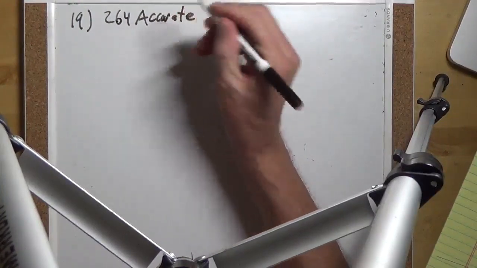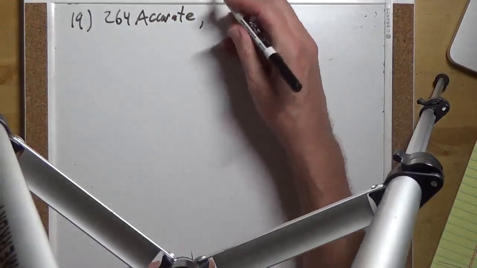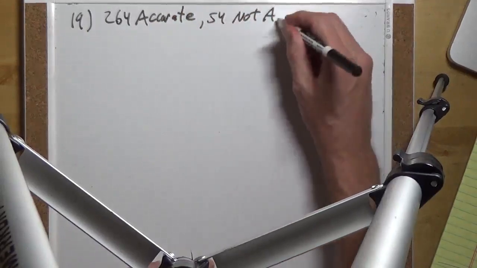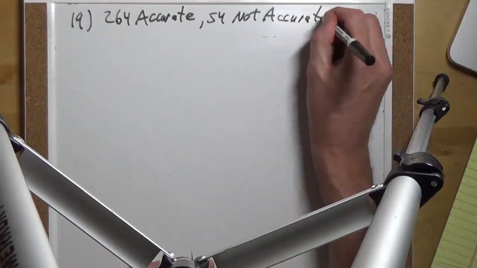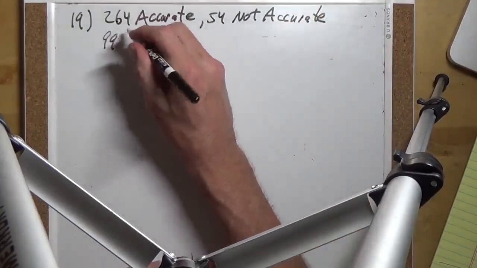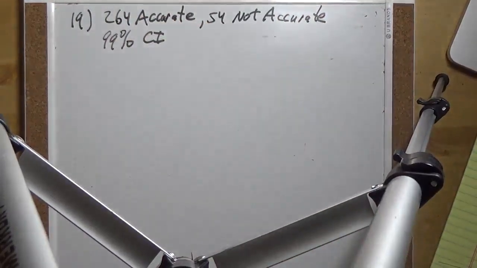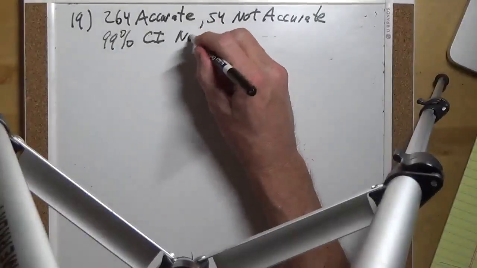I guess that should be a U. And 54 not accurate. What we want to find is a 99% confidence interval of the not accurate orders.